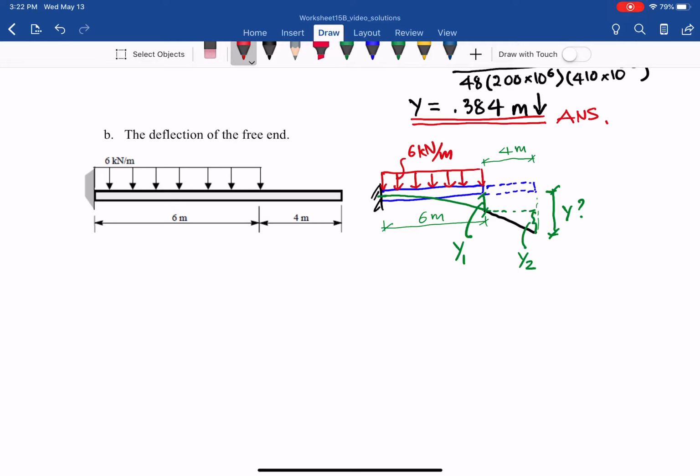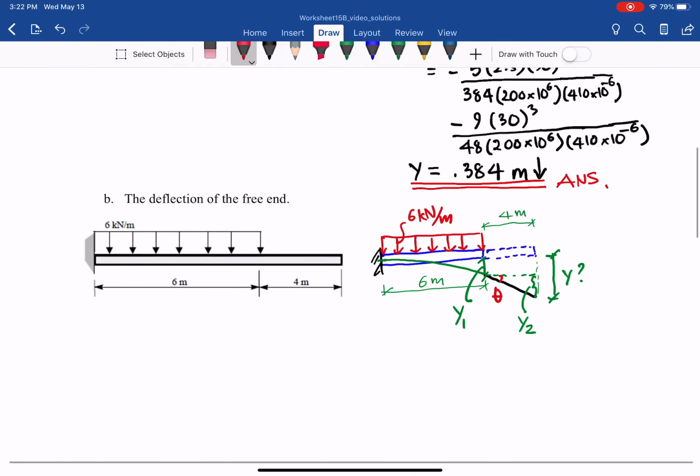If we find the slope theta at the end of the 6 meter, it will be theta for the whole 4 meter. Everyone see that?